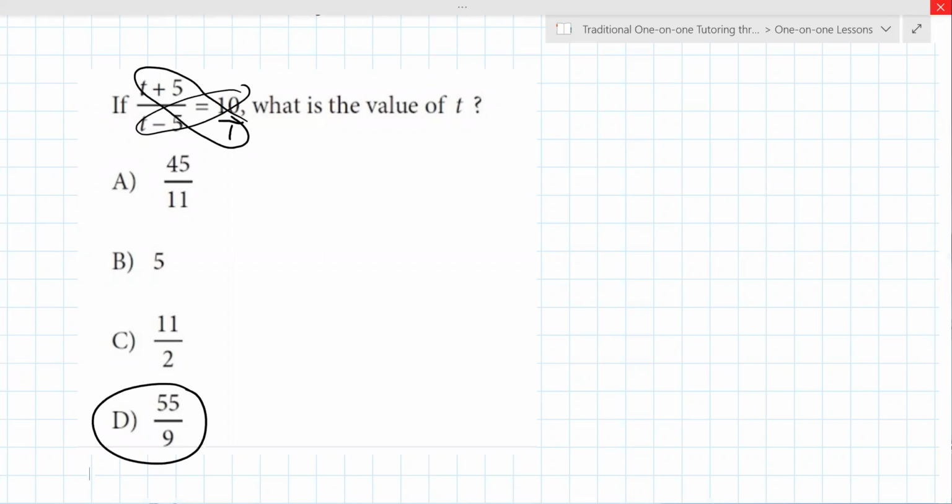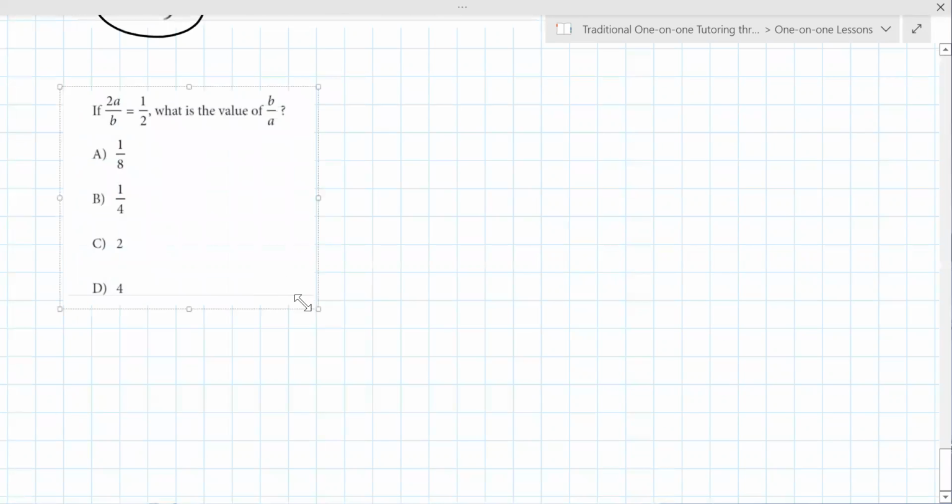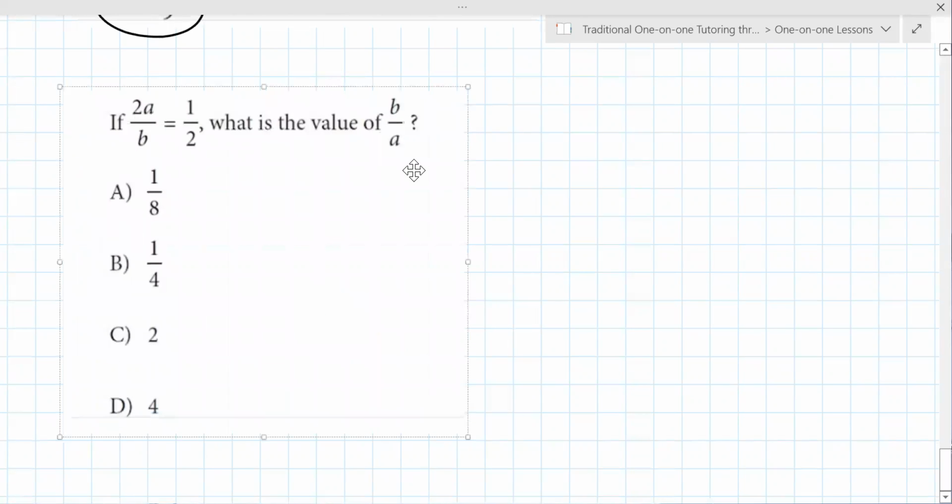Let's have you try another one here. All right, go ahead and give this one a try, please. So 4. Would I be able to cross multiply there? You can, yeah, if you want.